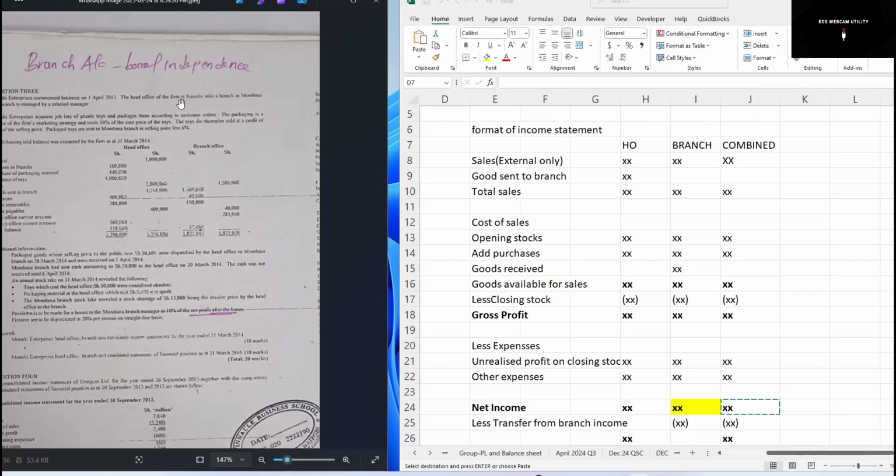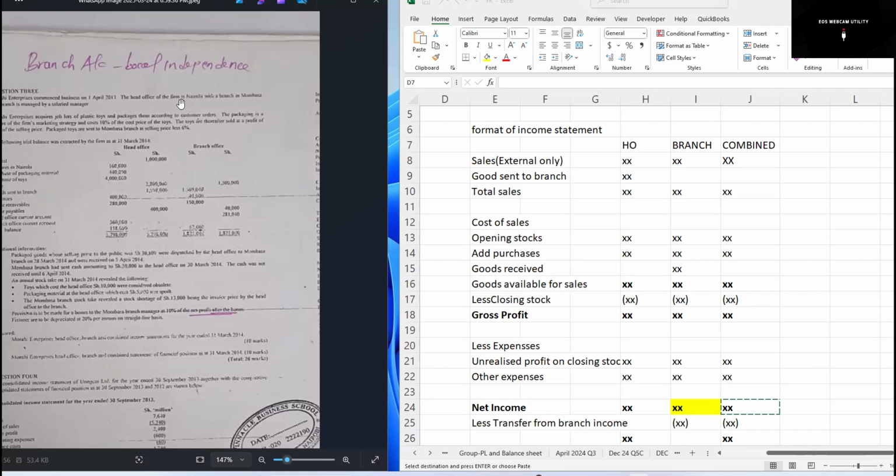Another piece of information we've been told: Munish Enterprises acquires job lots of plastic toys and then packages them according to the customer's order. The packaging is a feature of the firm's marketing strategy, and costs 10% of the cost price of the toys.